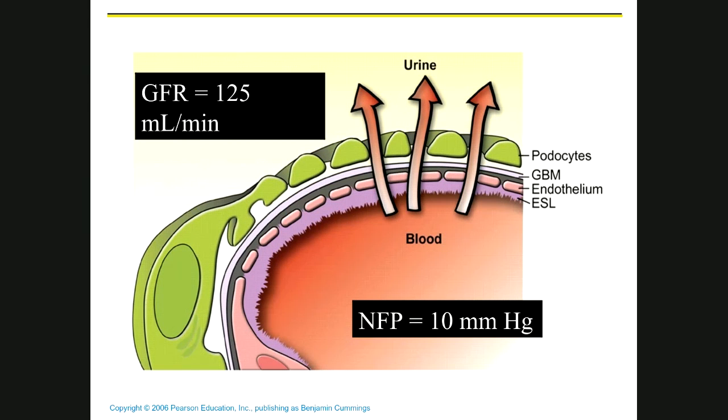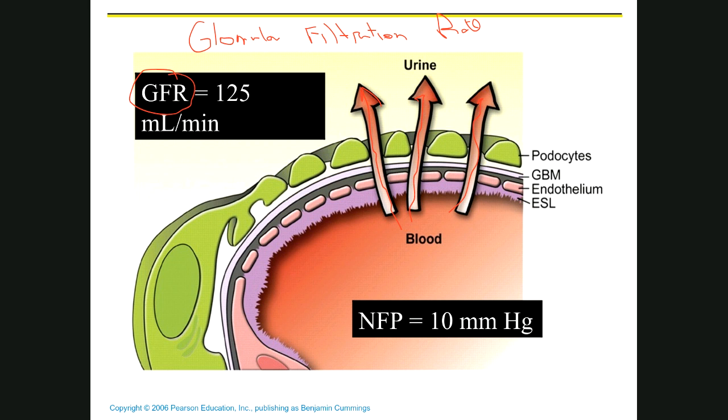It's called the GFR. GFR stands for the glomerular filtration rate. And all that is the rate at which we're making filtrate. The rate at which fluid is moving from the blood into the capsule.